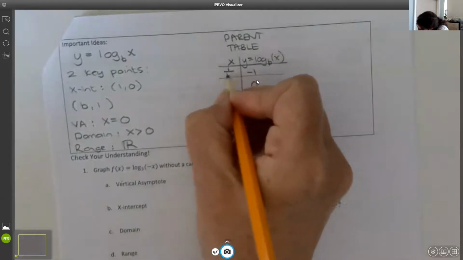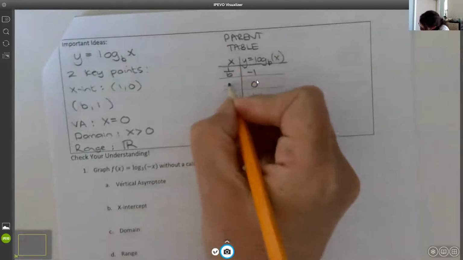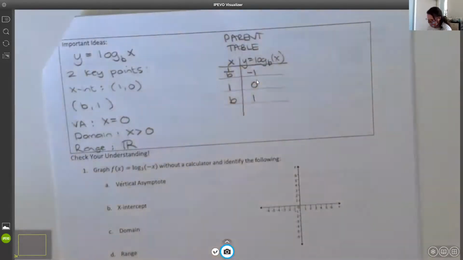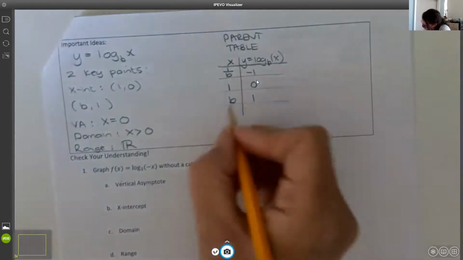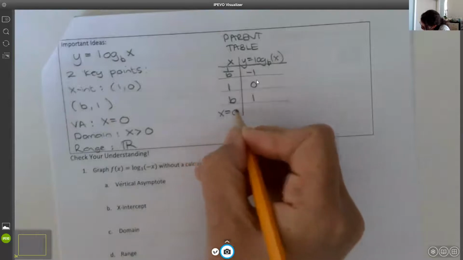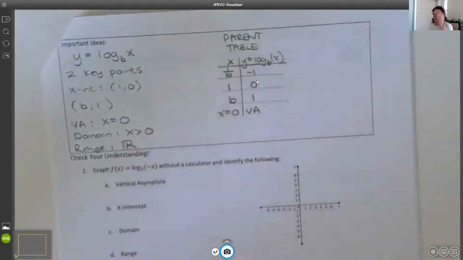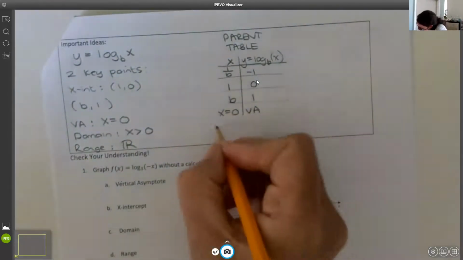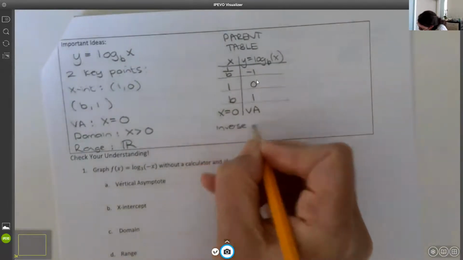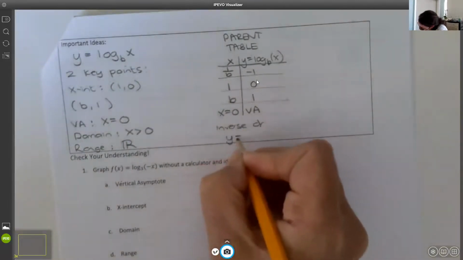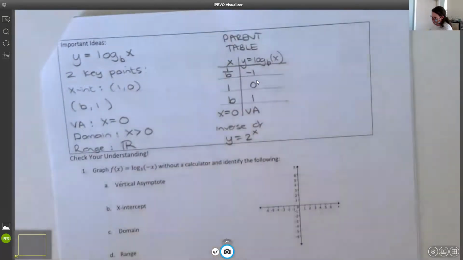So this is going to be 1 over b, 1, and b. And instead of having a horizontal asymptote, you're going to have a vertical asymptote. So it's really just the inverse of the function y equals 2 to the x.